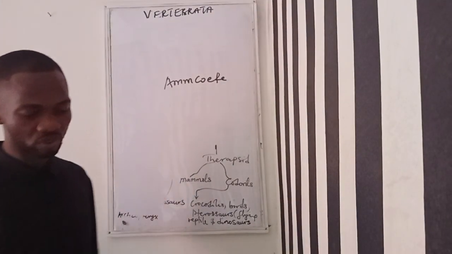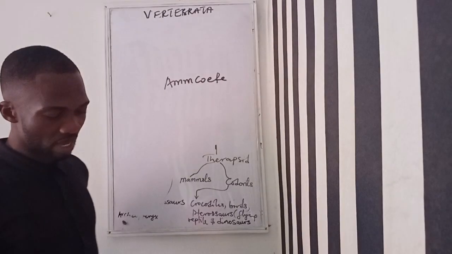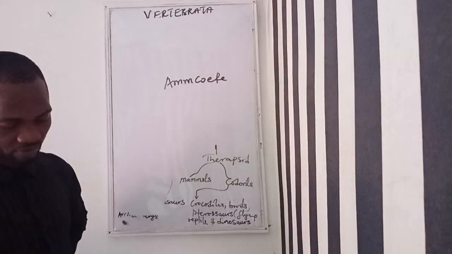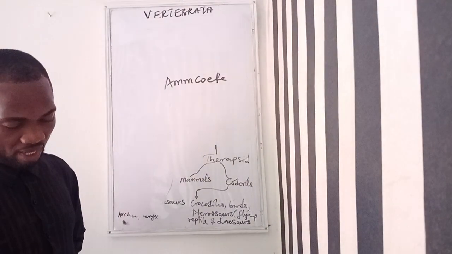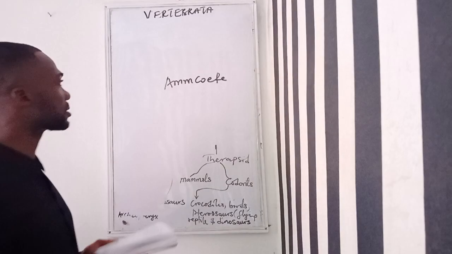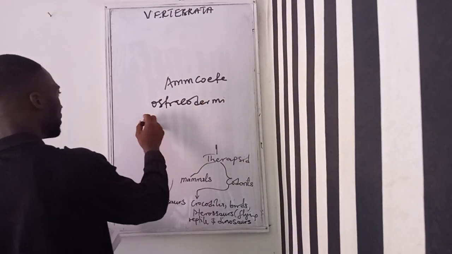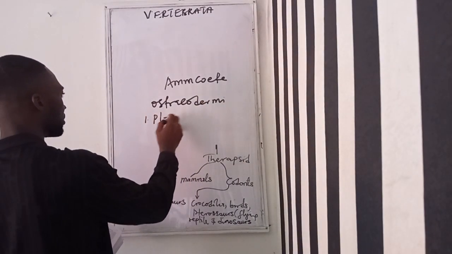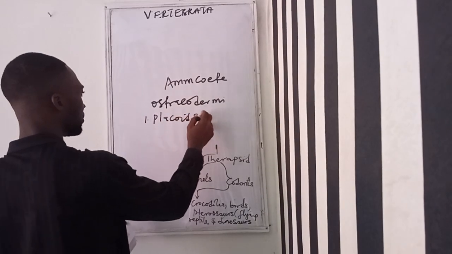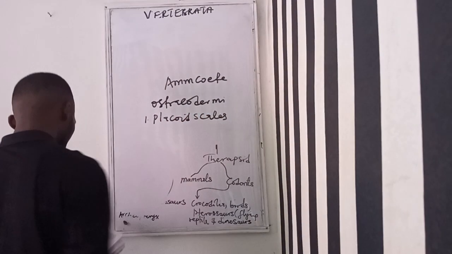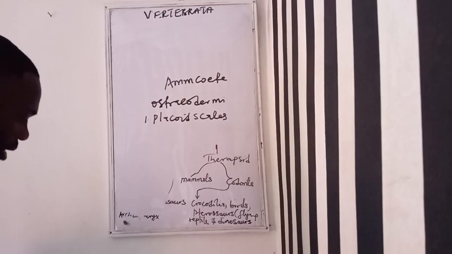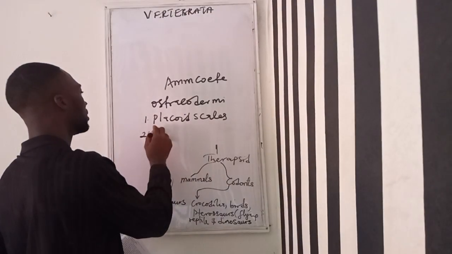Then coming to Ostracodermi, another important characteristic is the presence of a bony endoskeleton and an exoskeleton made up of placoid scales. So Ostracodermi have an exoskeleton made up of placoid scales, and they have a bony endoskeleton.